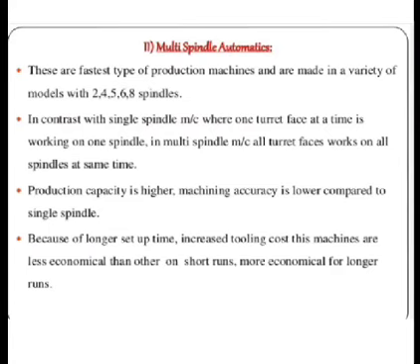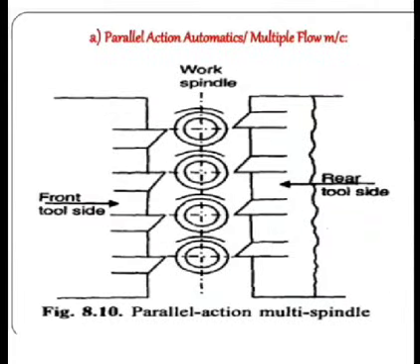Here is the parallel action automatic or multi-flow machine. In this type of machine, the same operation is done on each spindle and the workpiece is finished in each spindle in one working cycle. It means that as many workpieces are simultaneously machined as there are spindles.